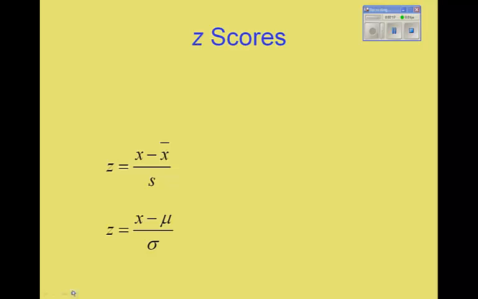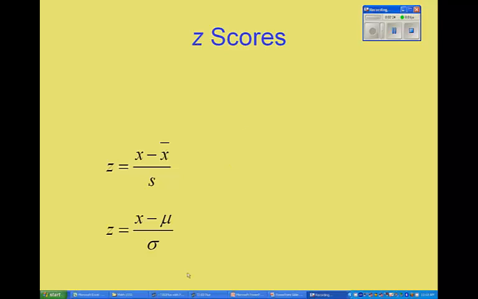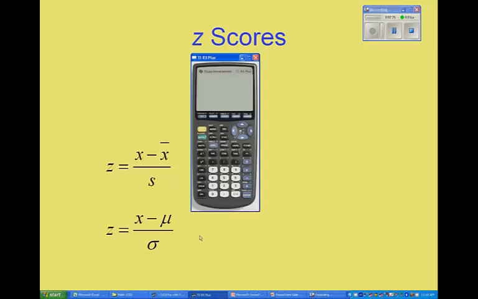So I can compute this and see what I get. So back to the calculator. Let me clear this up and do 10 minus 7.6.